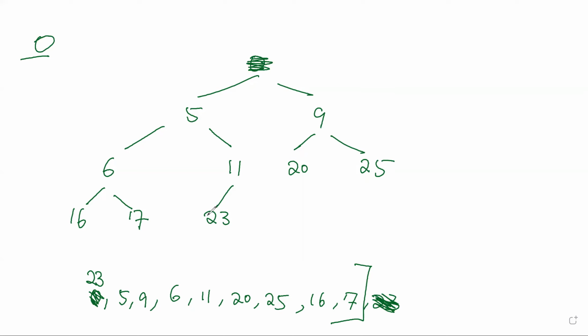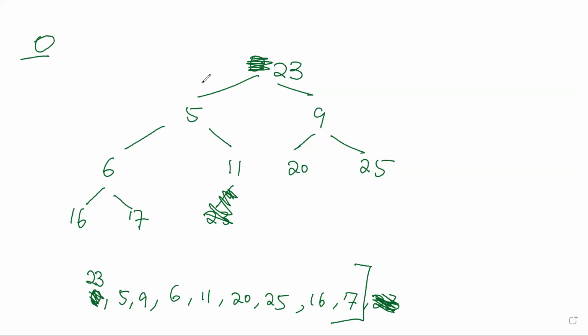So 23 goes back to the top, and now we have this tree, but it is not a minimum heap tree.